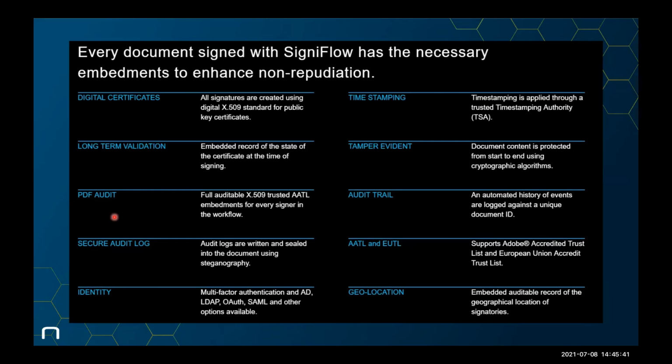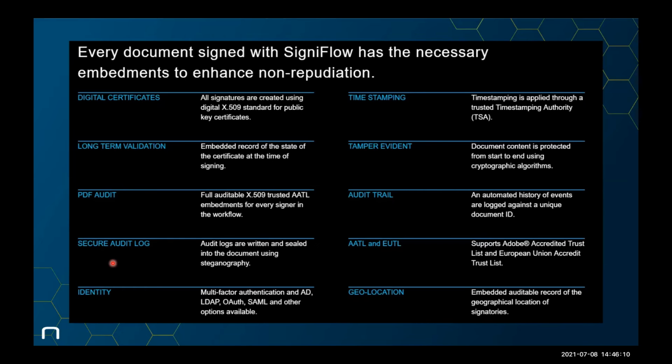There's also a PDF audit because they are compliant with the Adobe advanced signing mechanism as well. So Adobe Acrobat recognizes their signatures immediately as individually signed, not for the whole document, but individually signed signatures. It's a secure audit log that is written and sealed into the document using steganography.